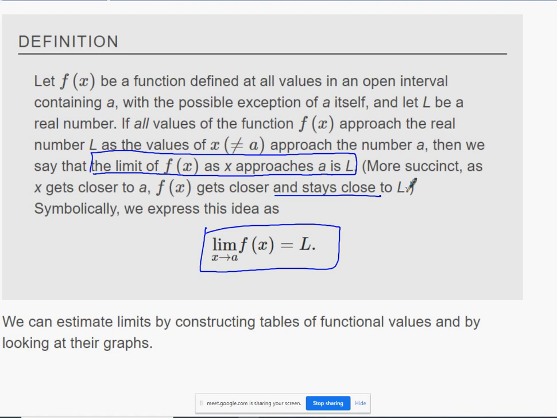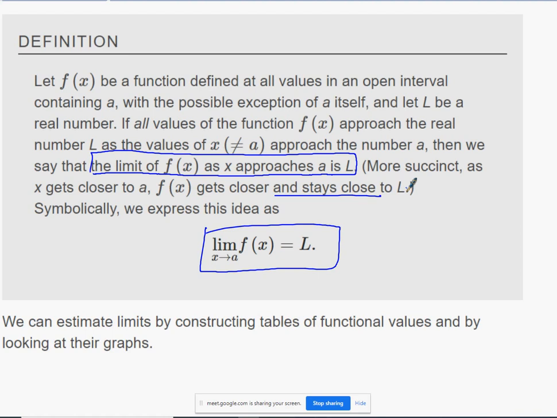A limit only works when the closer I get to a certain x value, the closer I get to an individual limit, right? If I get arbitrarily close to an x value, I can get arbitrarily close to a single y value, which becomes the limit. Now, it's not going to work if, as I'm taking a limit as x approaches 4, for example, as the ant walks closer to 4, the y value doesn't keep converging on a specific value.